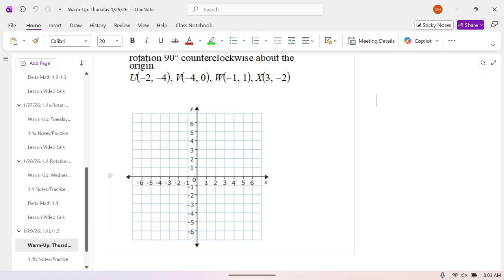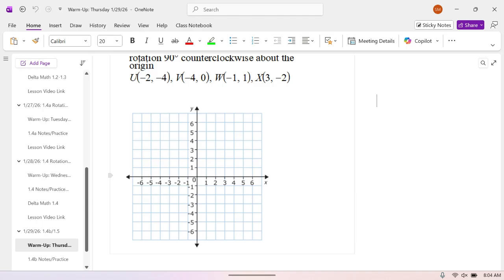So let's start with u. What quadrant is u in? Negative. What quadrant? I want the number. It's in quadrant 3. So we know that that's negative. This one's positive, negative, negative, positive.